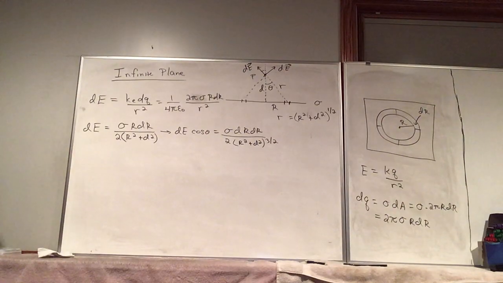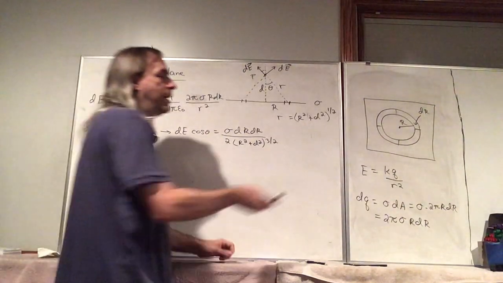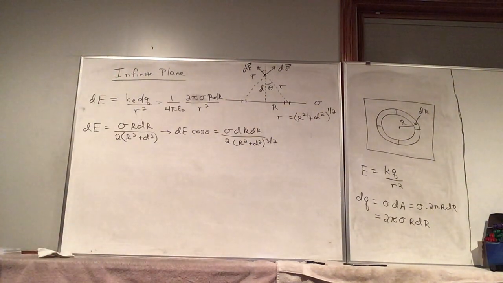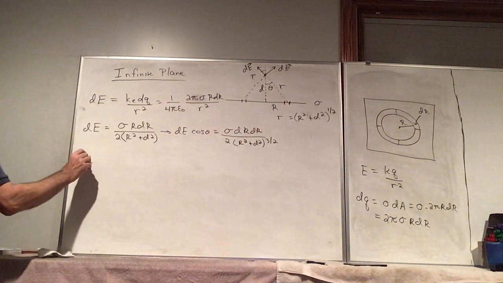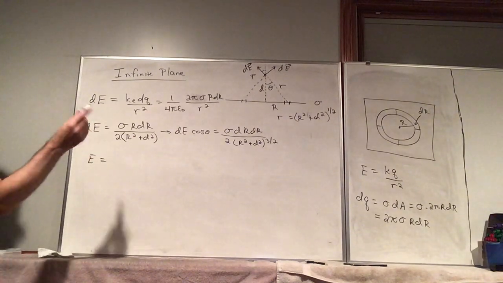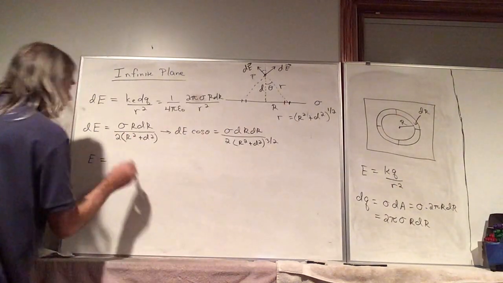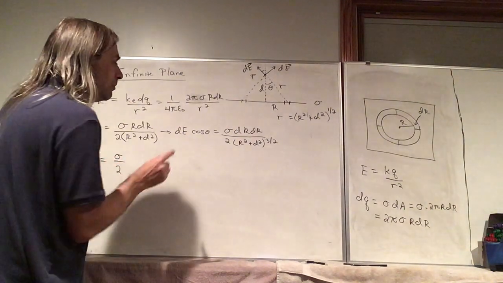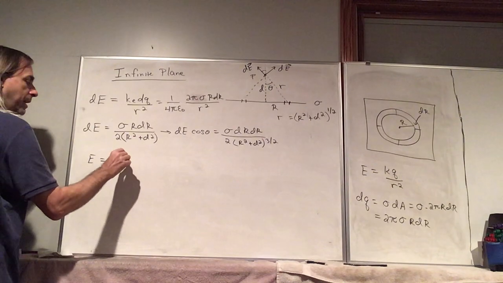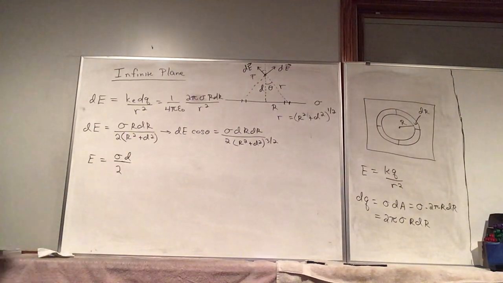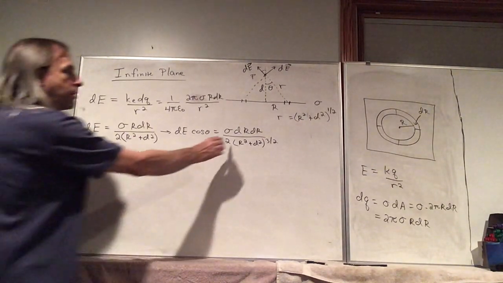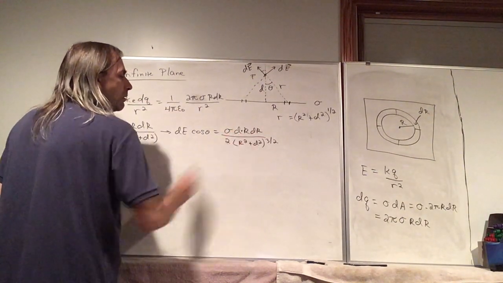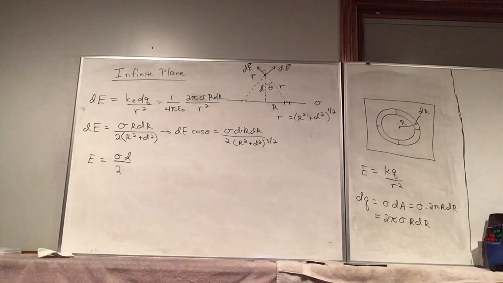And so now what we want to do is integrate from r equals 0 to infinity, and that will cover the entire plane. So the electric field at point P, we can take out the sigma over 2 and this d. So sigma d over 2. I should avoid using d because this looks like dr. Sorry if that was confusing.